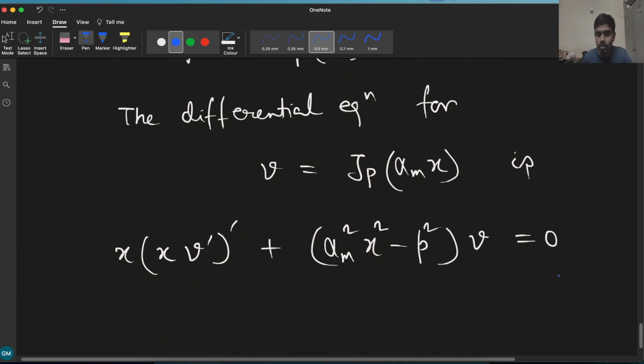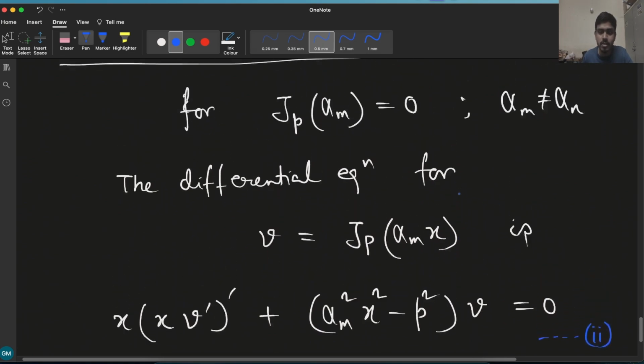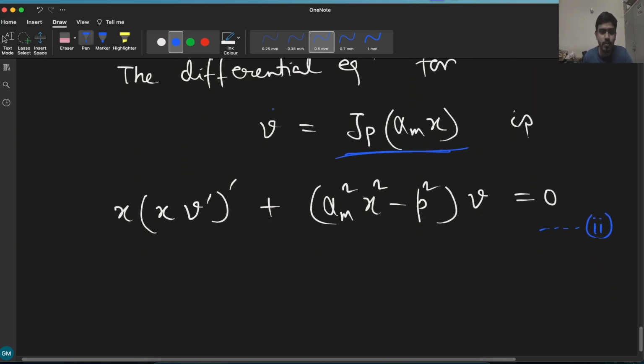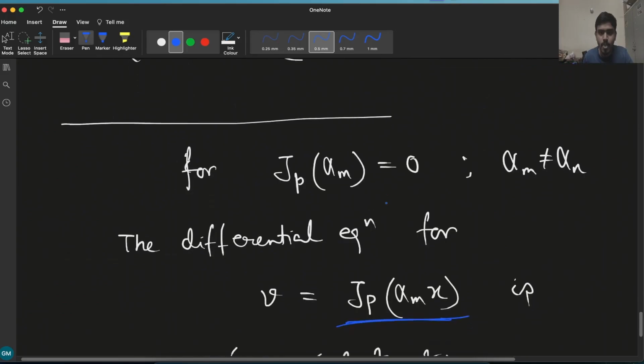So let me call it equation 2. So these are the two equations satisfied by this new function, that is Jp of alpha m x or alpha n x, whatever.